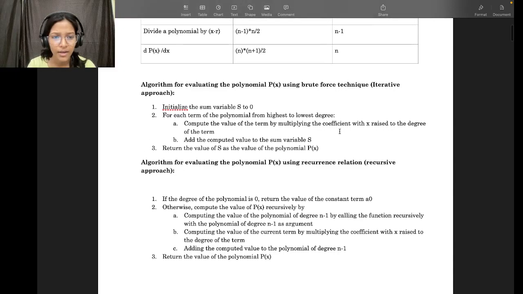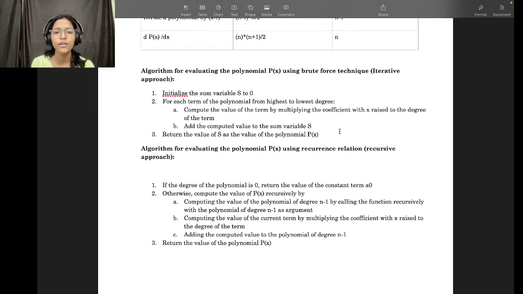Now we come to the recursive approach, the algorithm for the polynomial P(x) using recursion. The first step: if the degree of the polynomial is 0, then return the constant value a naught, that is, the value of the constant term. Second, otherwise, if the degree of the polynomial is not 0, compute the value of P(x) recursively.